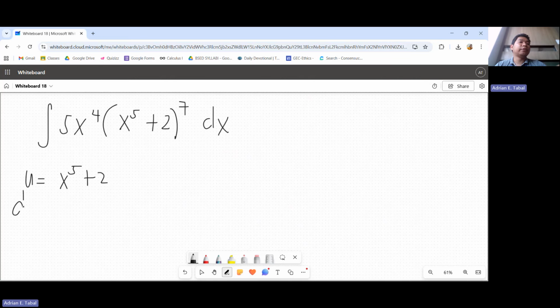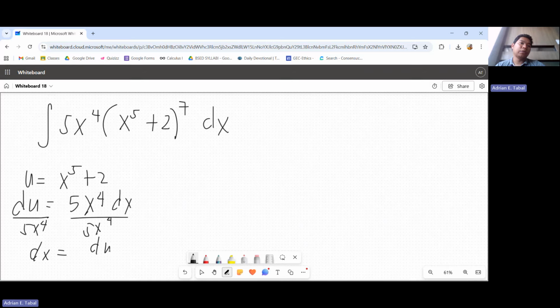So the derivative of our u, that will be du equals 5x raised to 4 dx. To find dx, divide both sides by 5x raised to 4. So we have the value of dx, which is equals to du over 5x raised to 4.